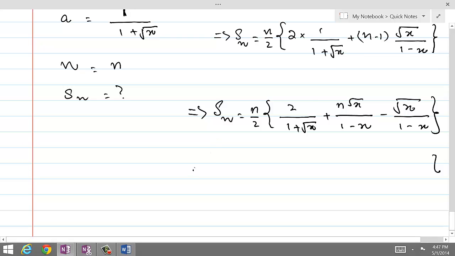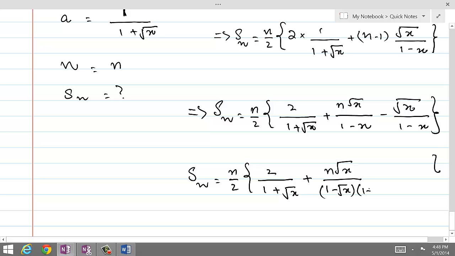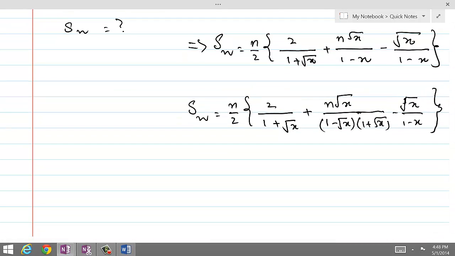This Sn is equal to n by 2 times, for the same reason, we are going to make factors: n into under root x over 1 minus under root x and 1 plus under root x, minus under root x over 1 minus x, and this way we can cancel out some of the stuff.